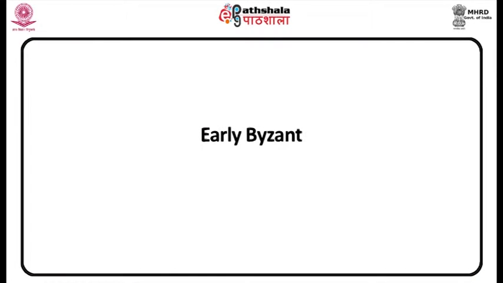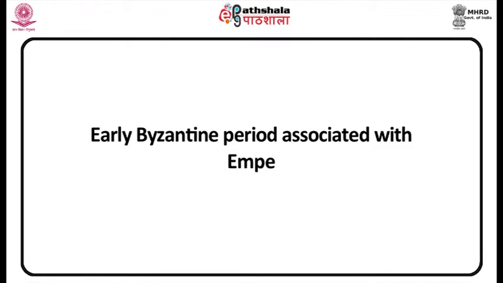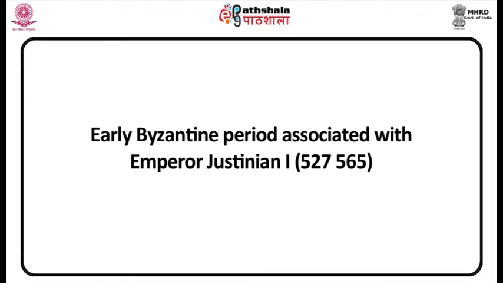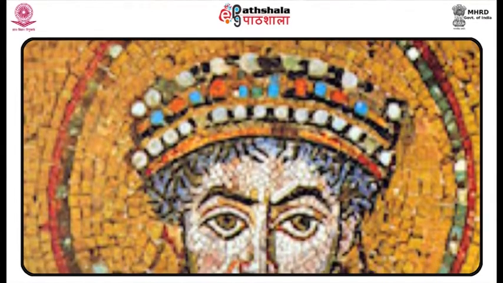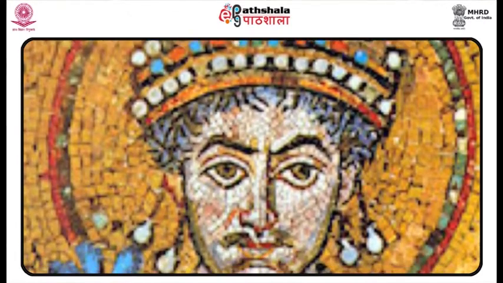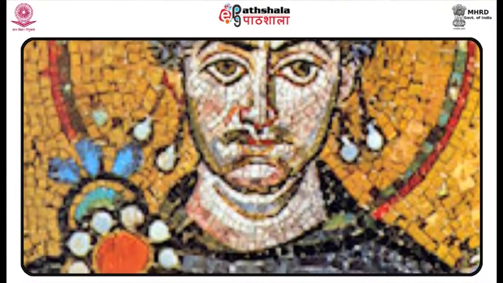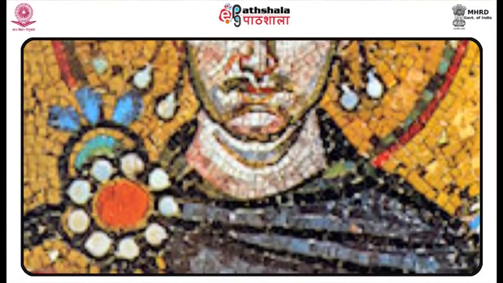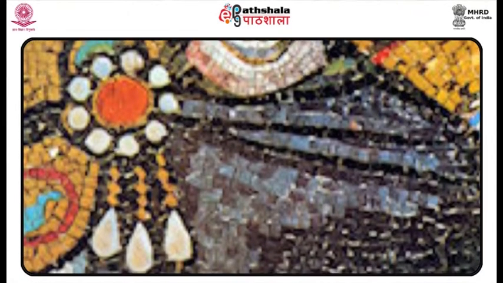The early Byzantine period, most closely associated with the reign of Emperor Justinian I, 527 to 565, began in the 5th century and ended in 726, at the onset of the iconoclast controversy that led to the destruction of religious images.